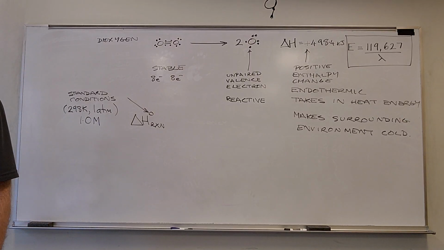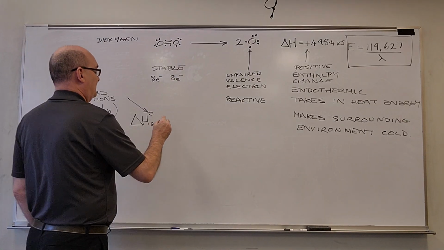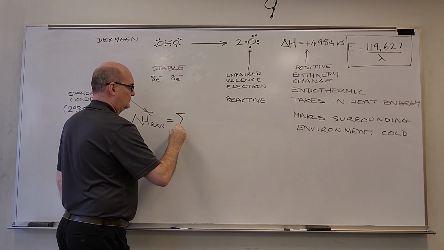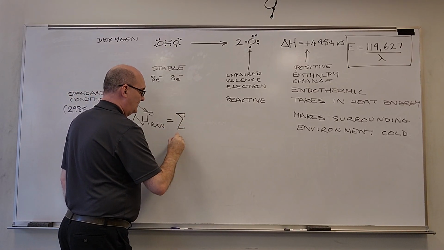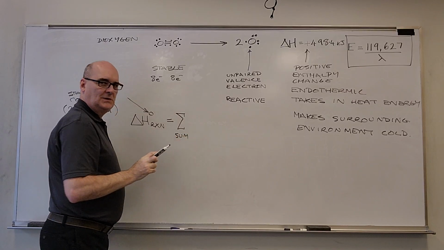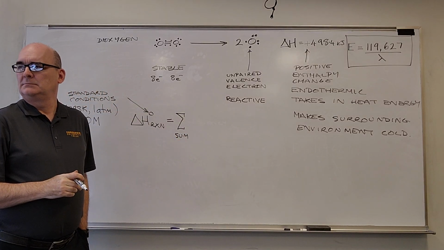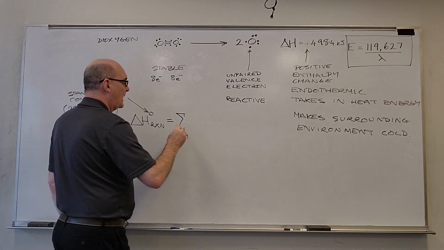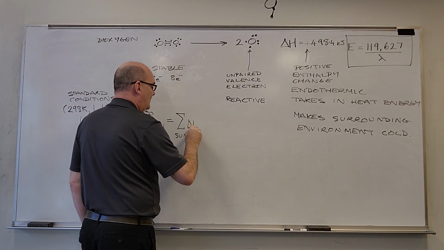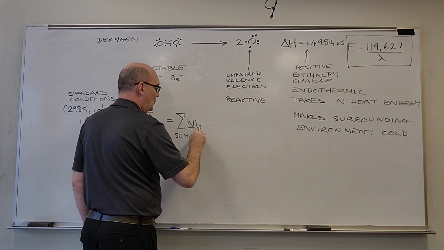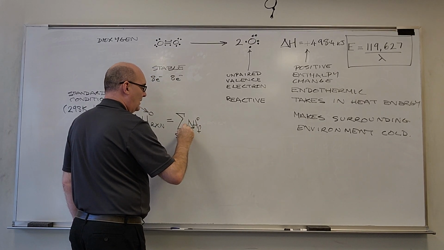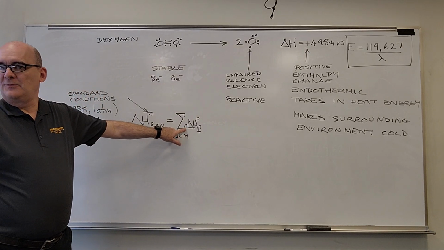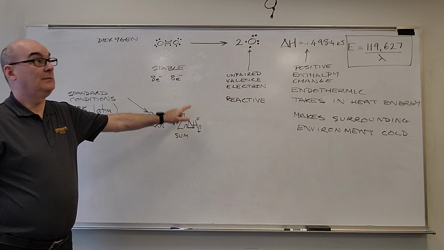Under standard conditions, the enthalpy change for any reaction is equal to the sum. Do we understand what sum means? Just add the numbers together. Of the enthalpies of formation at standard conditions under all the number of moles. There's a little n there. This is the number of moles. How many of them do you have in the equation?